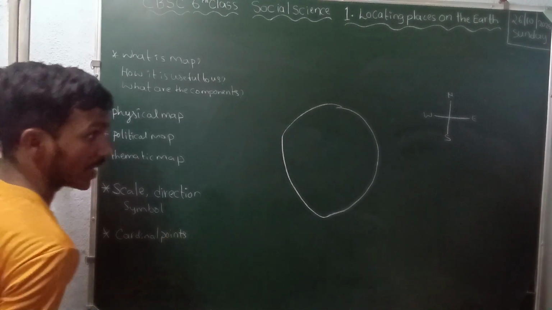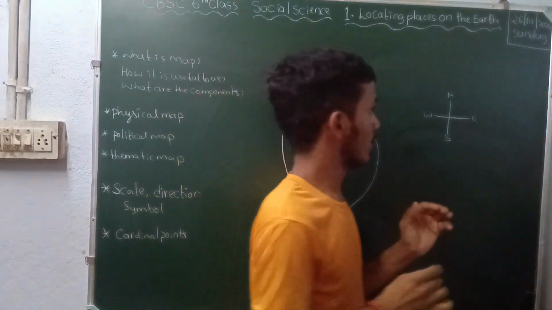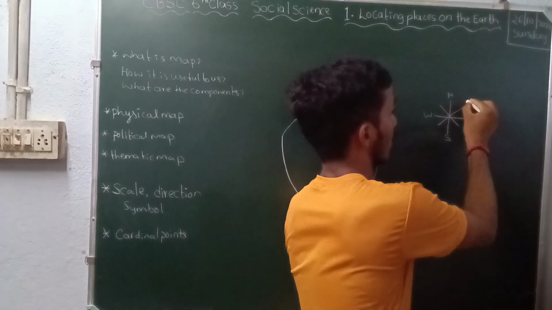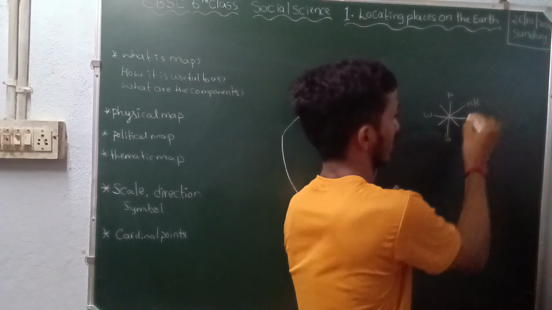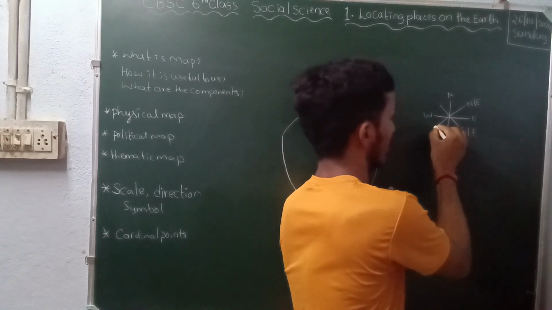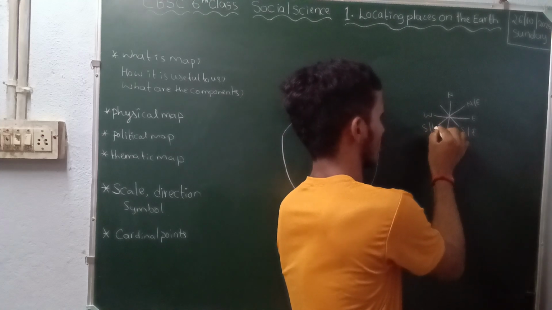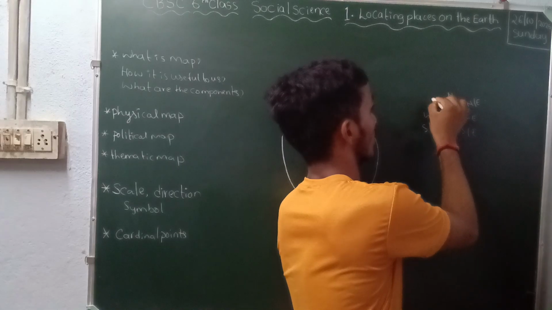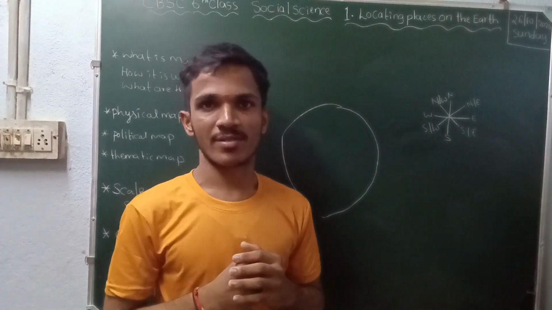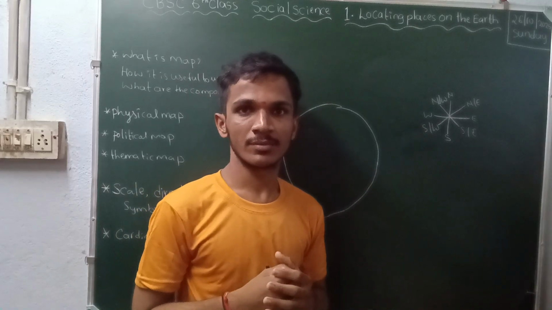There are also intermediate directions, that is, northeast, southeast, southwest, and northwest. These are the intermediate directions we use in the map.